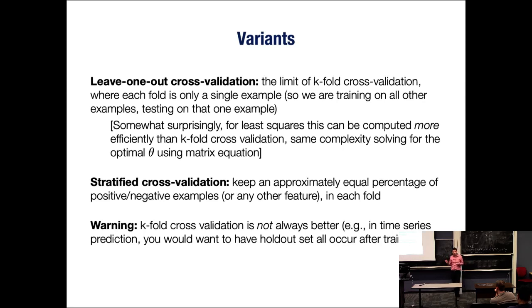So it turns out you get a lot of correlation in your learned parameters over the different folds. And this can give you a worse estimate of the true generalization error in practice than k-fold cross-validation. So it's not always the case, but sometimes this is not what you want to do, even though it seems so nice.